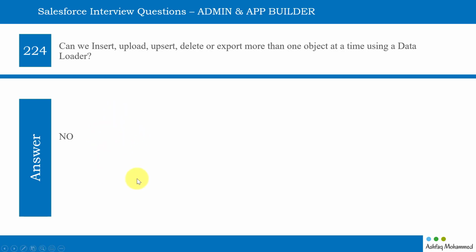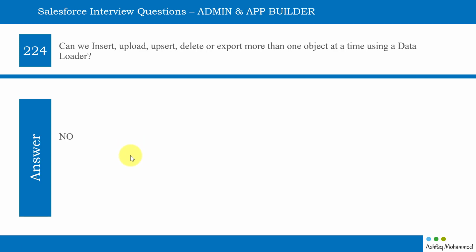Even though I see the list of objects, I can select only one object at a time. So I can insert into only one object at a time, and I can update only one object at a time. I cannot multi-select the objects from there. That is the limitation of the data loader.